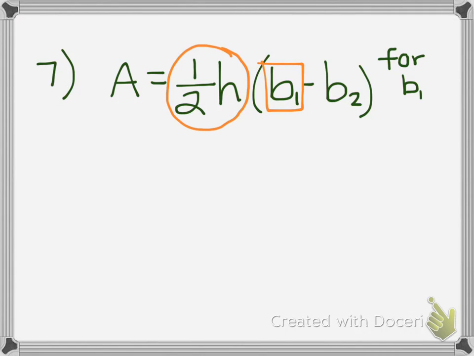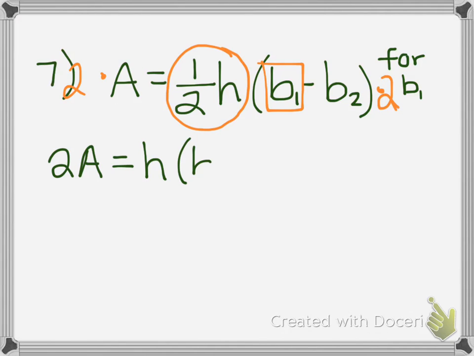So we know that if we have a 1/2 in front, we're going to multiply by 2 on both sides. Well, no, let's just deal with the 2 right now. So now we have 2a is equal to h times b sub 1 minus b sub 2, because this 1/2 cancels out with that 2.